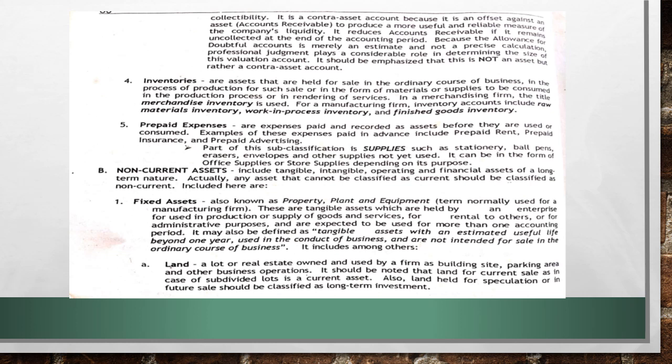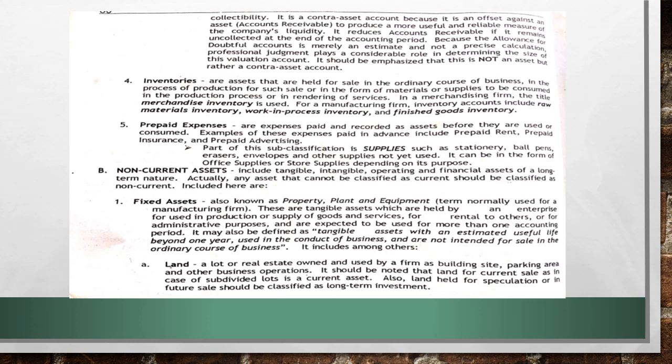But for manufacturing business, inventory accounts include three. We have the raw materials inventory, work in process inventory, and finished goods inventory. Then last example for the current asset are the prepaid expenses. These are expenses paid in and recorded as assets before they are used or consumed.